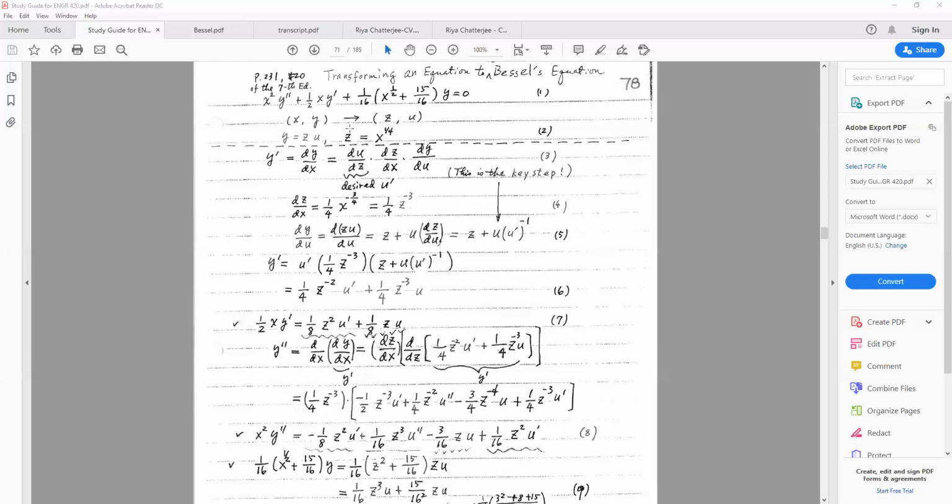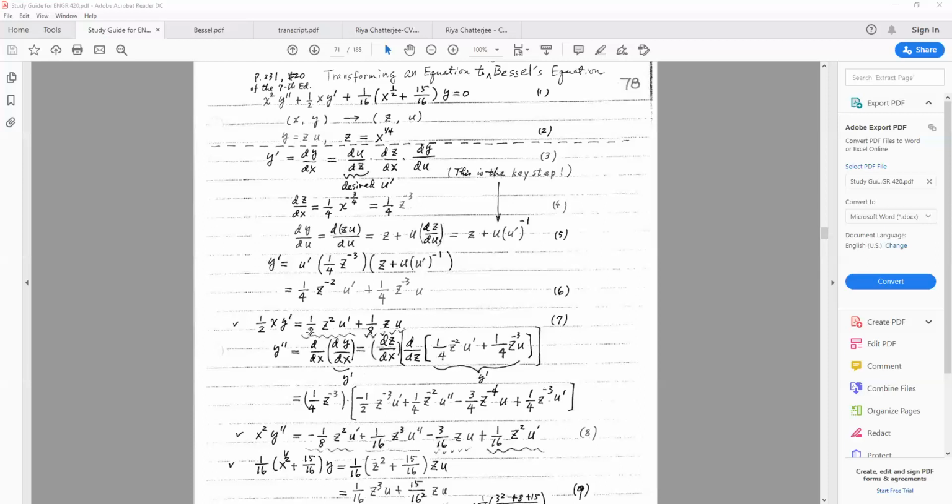And then combine 1/2 times x times y prime by substituting y prime in here, replacing x by z to the fourth power.